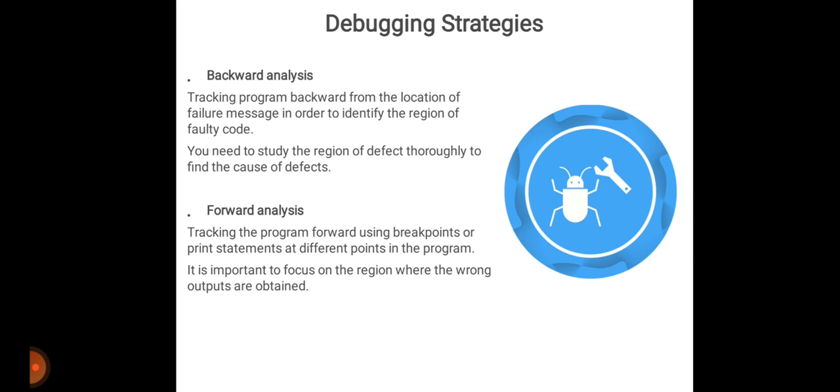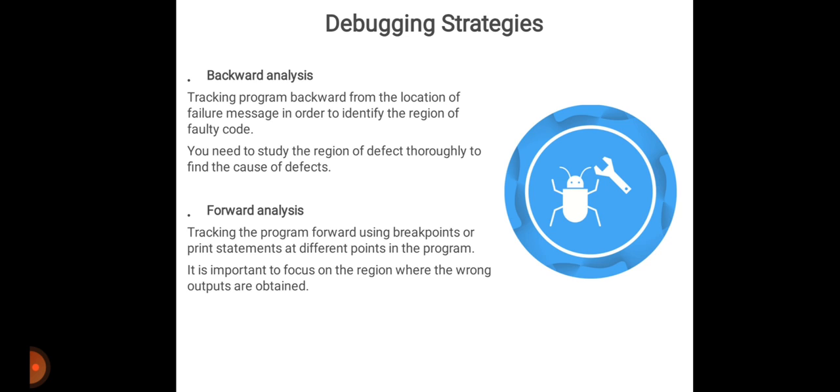Backward analysis of the problem traces the program backward from the location of the failure message in order to identify the region of faulty code. Also you need to study the region of the defect thoroughly to find out the cause of the defects. This means backward analysis.